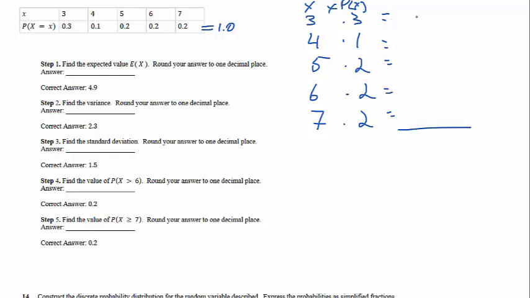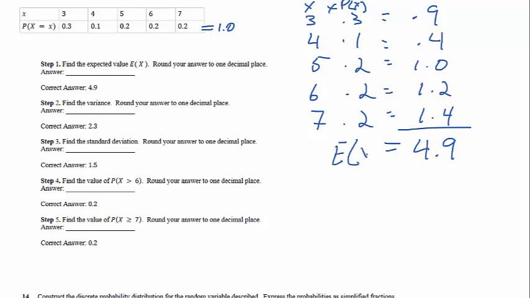So 3 times 0.3 is 0.9, 0.4, 1.0, 1.2, and 1.4. If I add these together, I get 4.9, my expected value of x, 4.9.